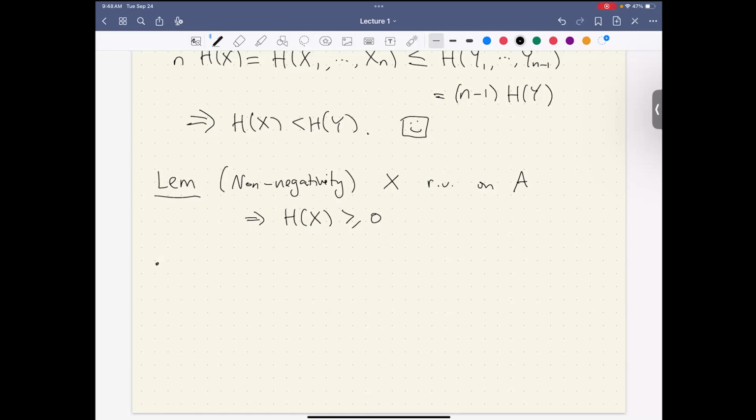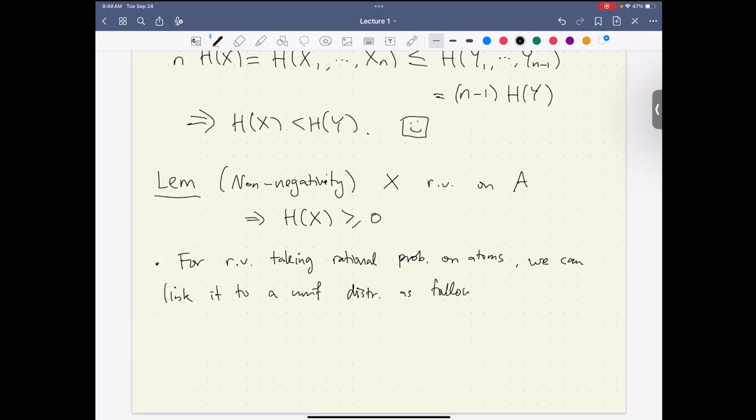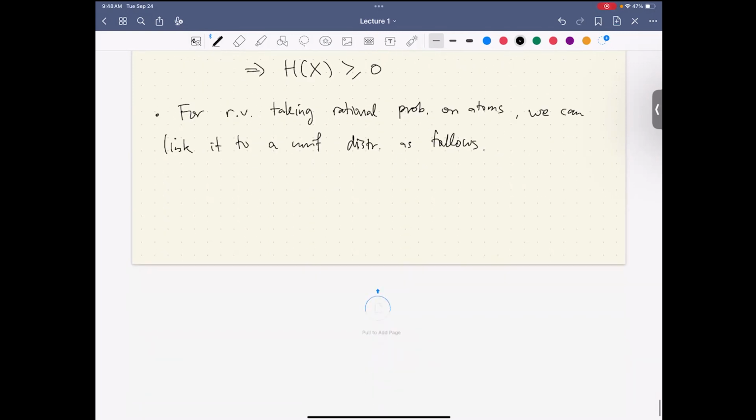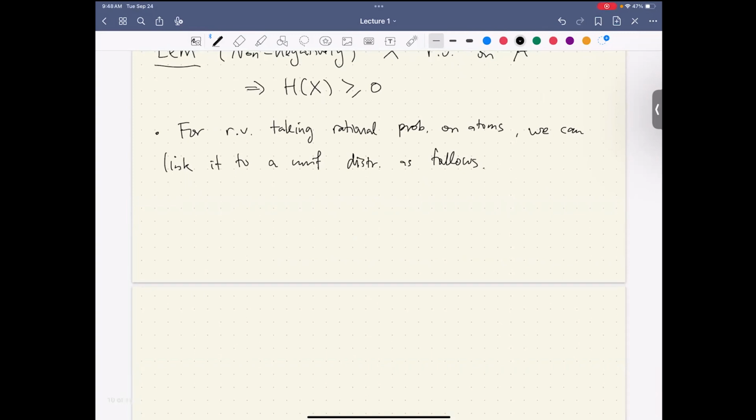For a random variable taking rational probabilities on atoms, it is helpful to link it to a uniform distribution as follows. So here's the construction.